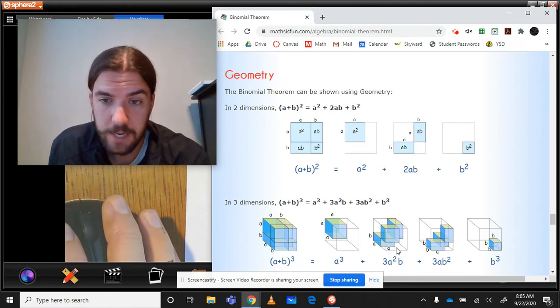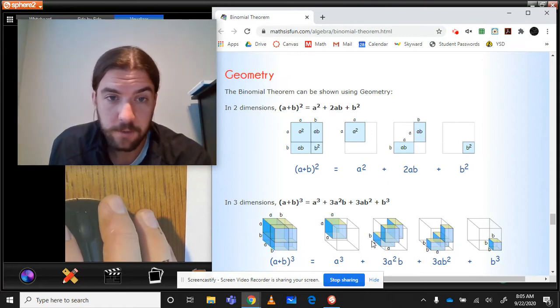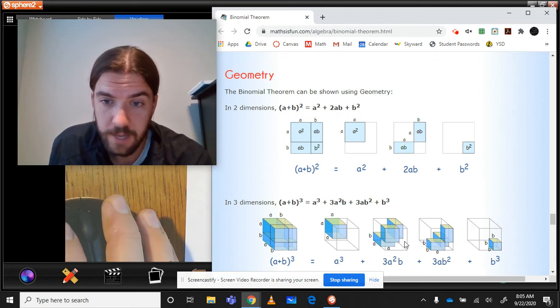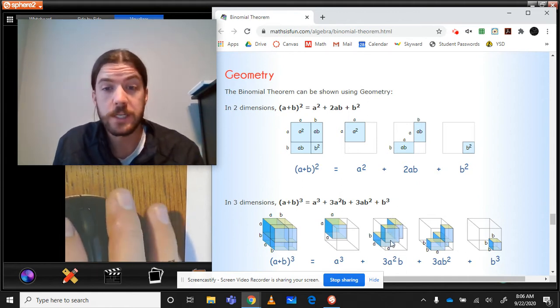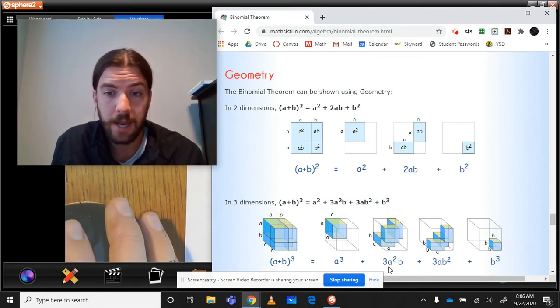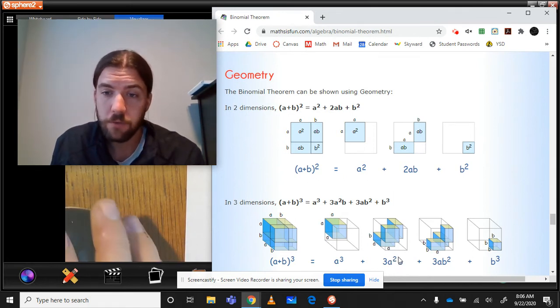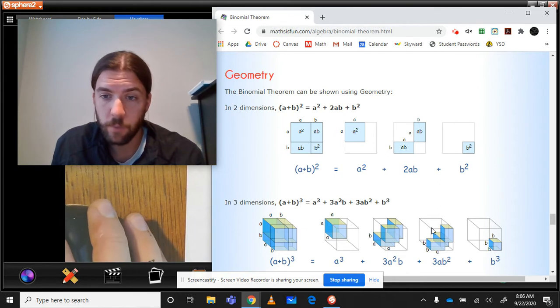So right to left is A, front to back is A, up is B. So that's A times A times B. This one is A times B times A, and the one on the back would be B times A times A. But that's just three different ways to get the same quantity, A squared B. For the same idea, you have three different ways to make this one, A B squared.